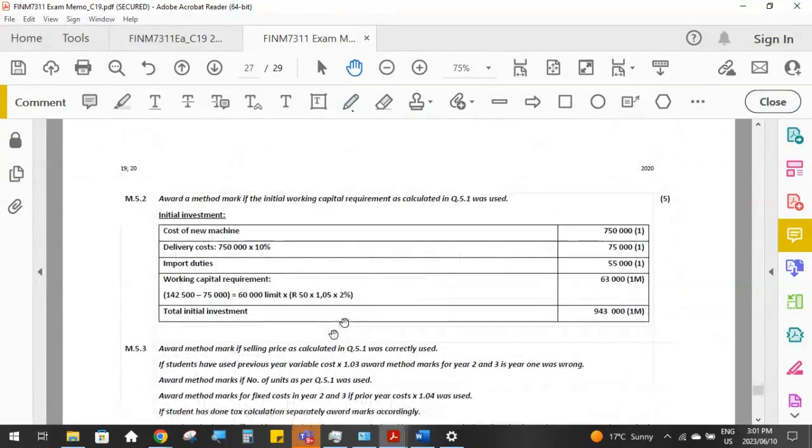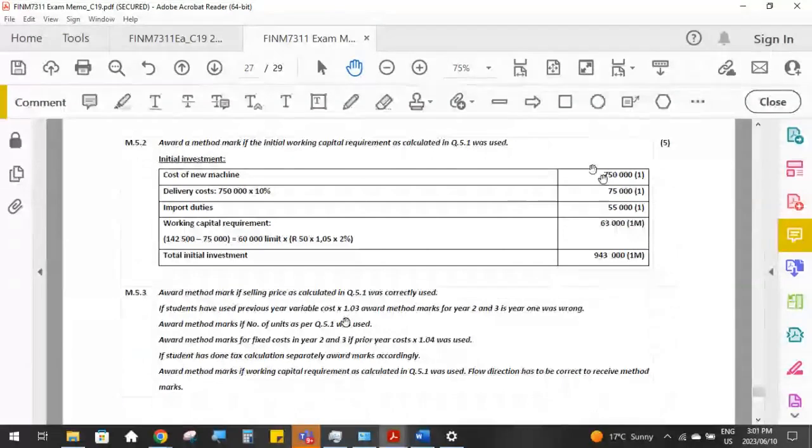Then the second one said, what's the total investment? So the cost of the machine, 750,000, plus the delivery costs, which is 10% of the purchase price, and the import duties are directly attributable costs to the purchase of the machine, so they will form part of the initial cost of the investment. So that must be included.